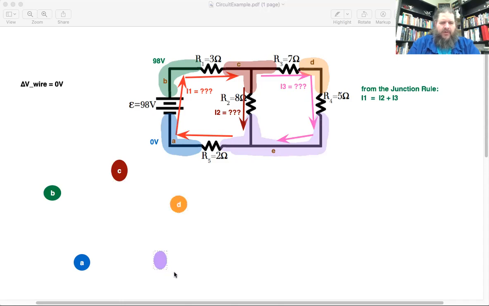With these nodes labeled, it's often easier to redraw the circuit in an equivalent way. And that sometimes makes it much easier to see what's in series and what's in parallel. For example, if you consider node A, what's actually attached to node A here?